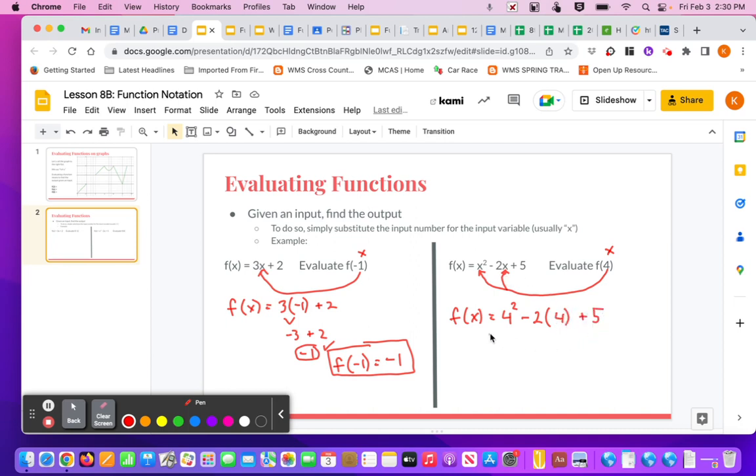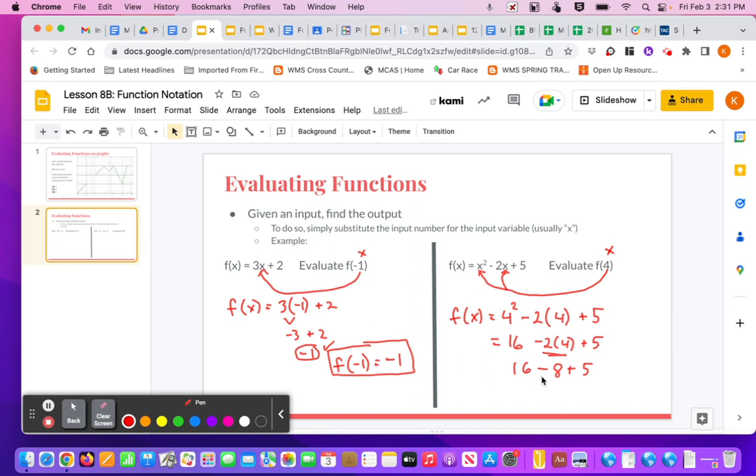Now I'm just going to use the order of operations to simplify this expression. I have 4 squared is 16, minus 2 times 4, plus 5. You multiply before we do anything else. So I get 16 minus 8 plus 5.